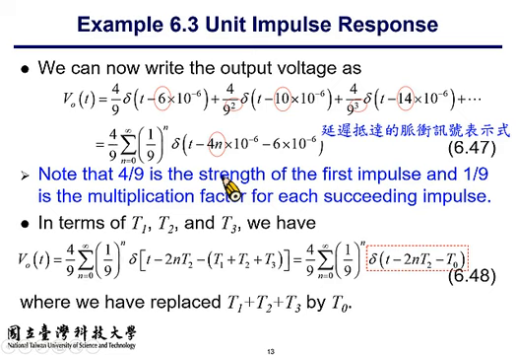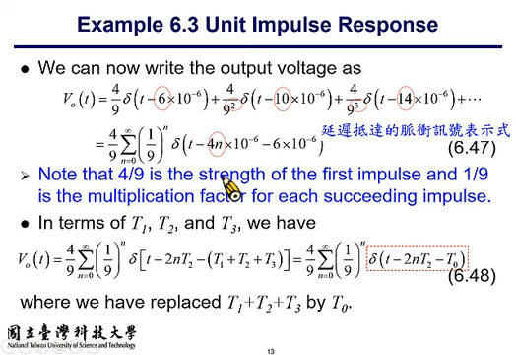So no matter you are calculating the signal that reaches to the right or reaches to the left, you can express it in terms of an infinite series. So here's the output voltage signal. Equation 6.47 is the output voltage signal expressed in terms of an infinite series.